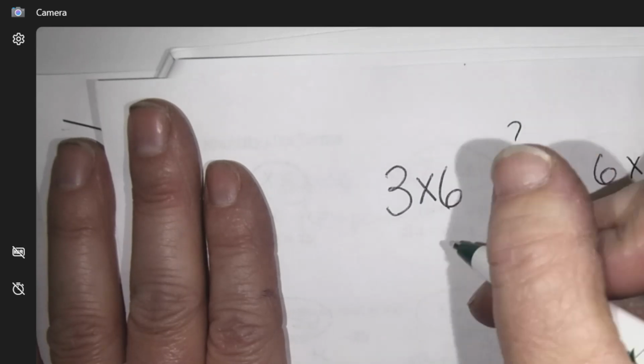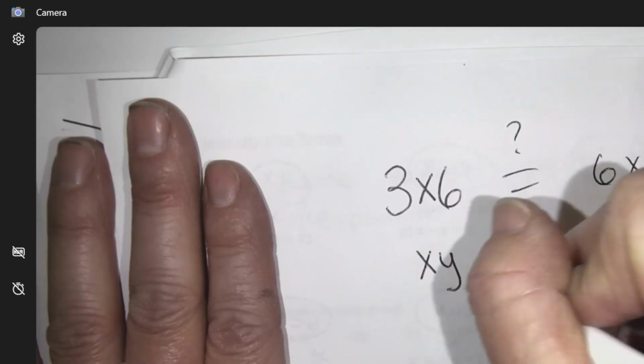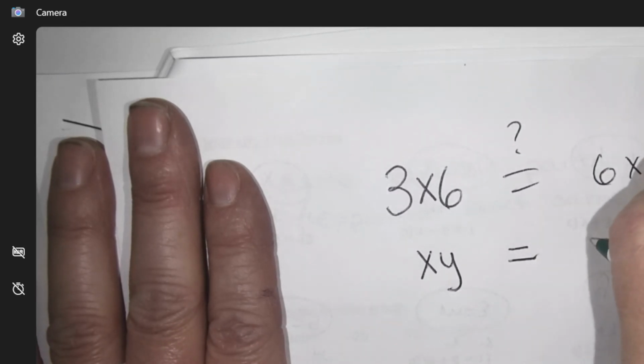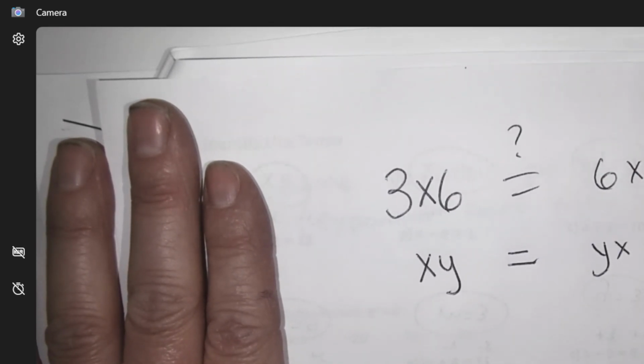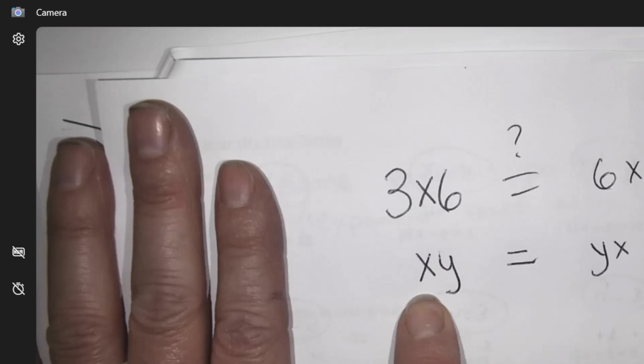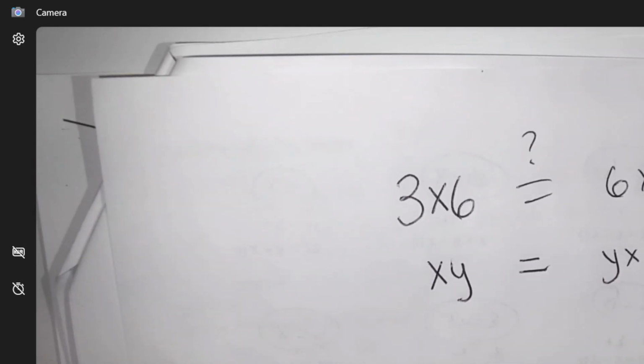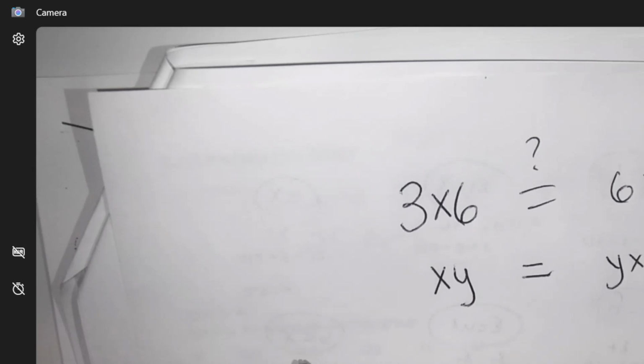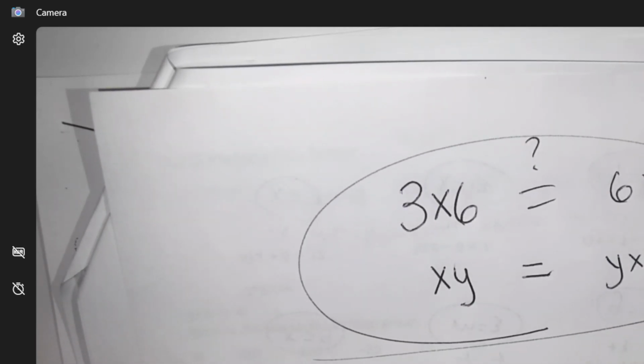Therefore, would xy be the exact same math as yx? Yes. Okay, does that make sense? 3 times 6 and 6 times 3 are the same. Therefore, x times y and y times x are the exact same. Okay? So there's something to think about.